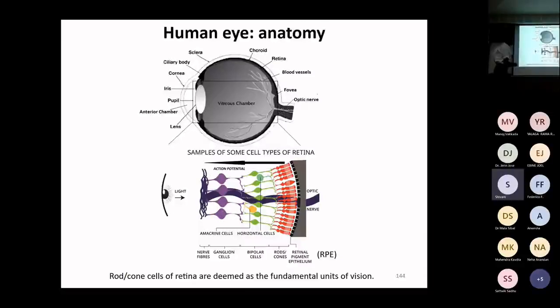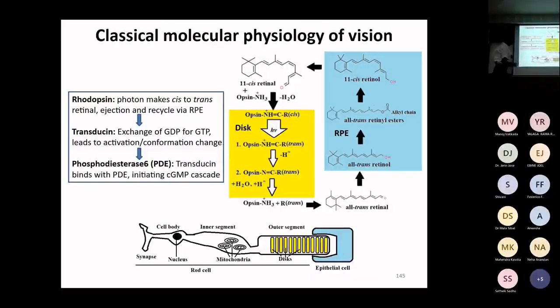So in this classical pathway, the all-trans retinol has to go into this cell, get converted to 11-cis retinol, and then come back. So this yellow thing that I marked happens here, and this whatever color this is here. This process, this cycle, takes hours. It's very important.